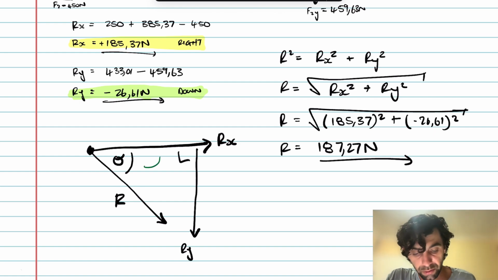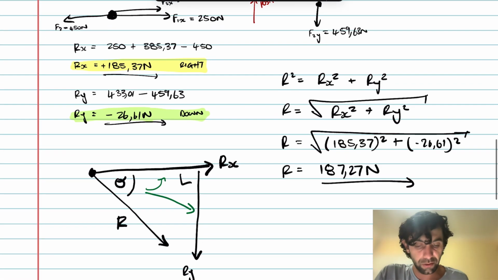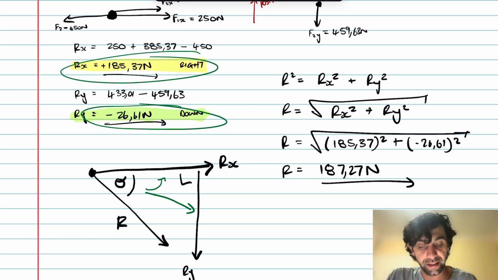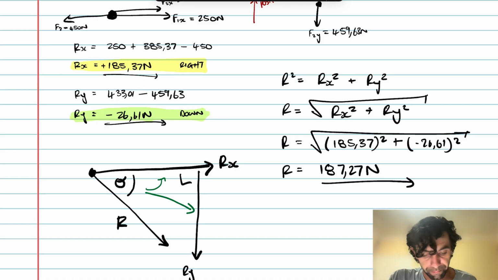All right, to find the direction, I'm going to use Rx, and I'm also going to use Ry. The reason I want to use that is because I have those numbers hopefully saved in my calculator already. So tan of theta is equal to the opposite over the adjacent. Okay, what does that mean? It means Ry over Rx.